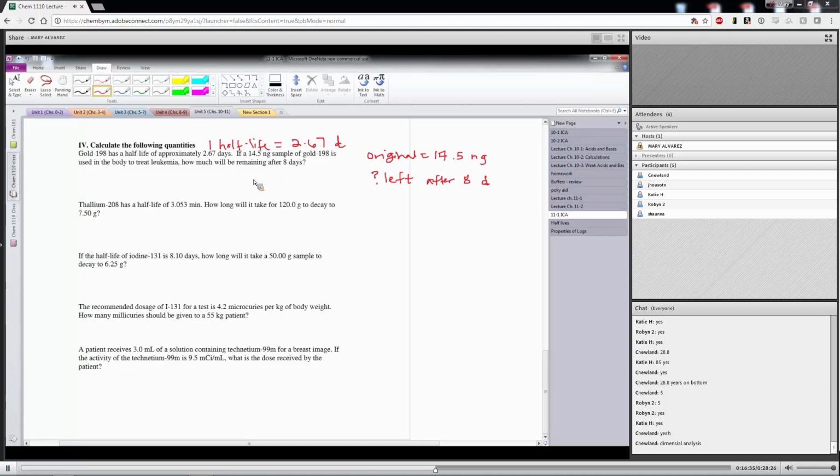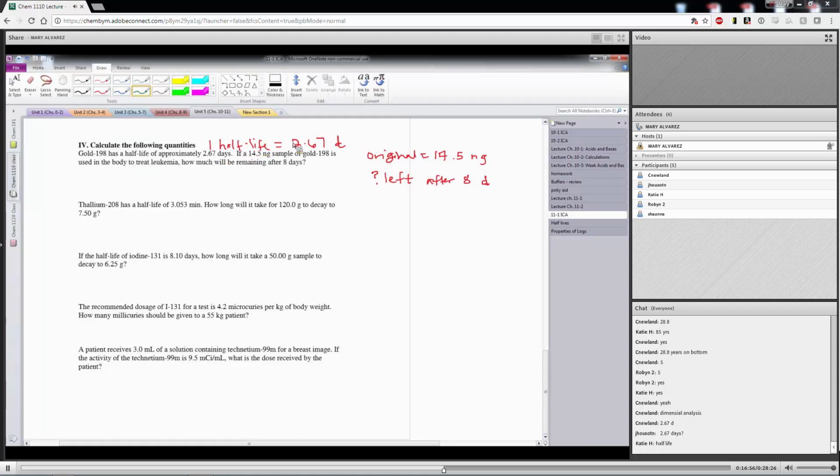Okay, dimensional analysis starting with what? So 2.67 days is one half-life. Oh, we need to find out the number of half-lives that have passed. You're right.